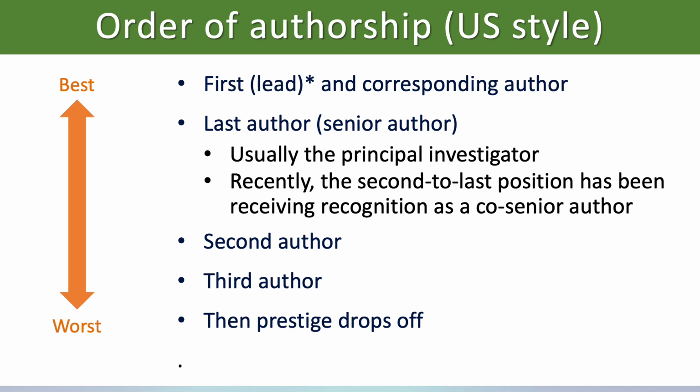The prestige then drops off from second author to third author, and so on. Normally, the second author would also have made substantial input into the study, and the level of input and level of prestige both decreases as we go from first onwards, and then it suddenly increases again with the last author.